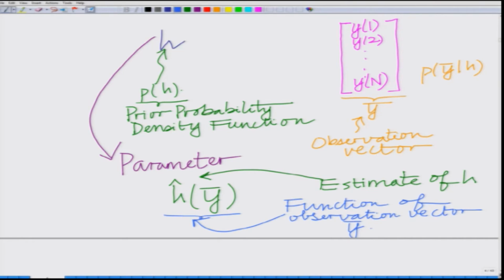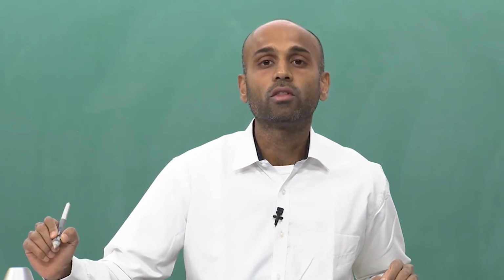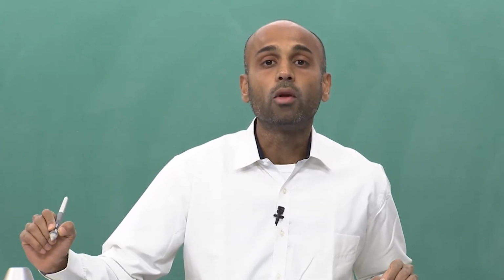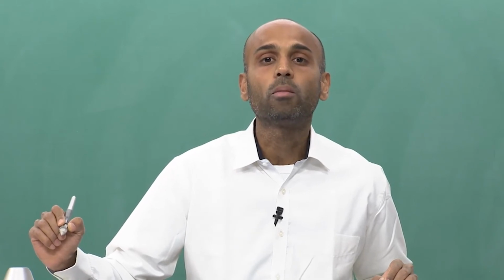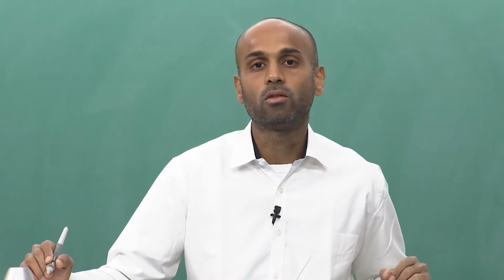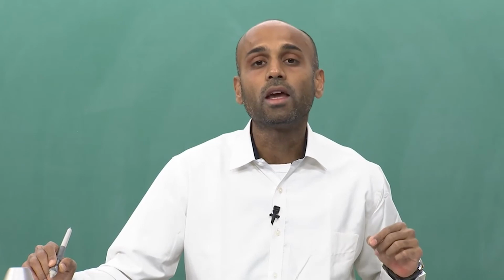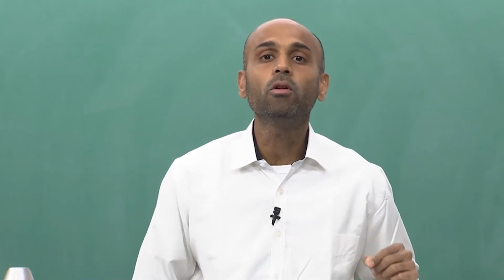Another important point to realize, although it is also very simple, is that the estimate h hat can only be a function of the observation vector y bar and not a function of the unknown parameter h, because h, the underlying parameter itself, is unknown, and that is the reason we are trying to estimate h. Therefore, h hat cannot depend on the unknown parameter h.